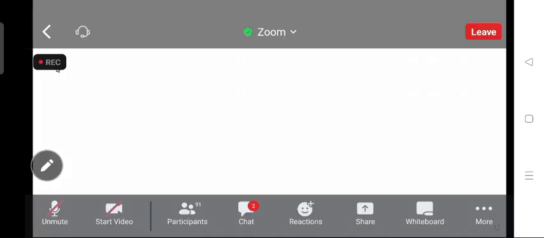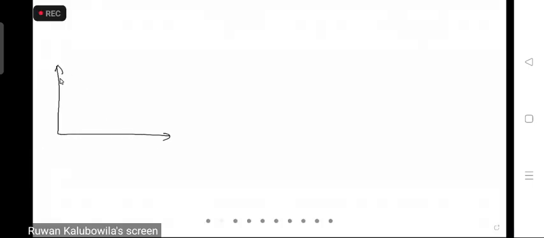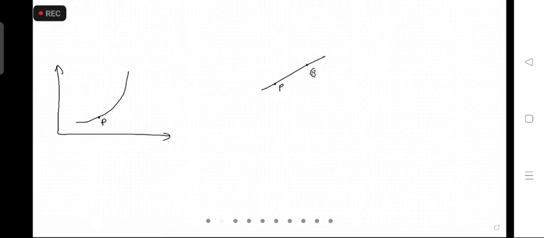So this is the given. Mark two points called P and Q, with coordinates x1, y1 and x2, y2.